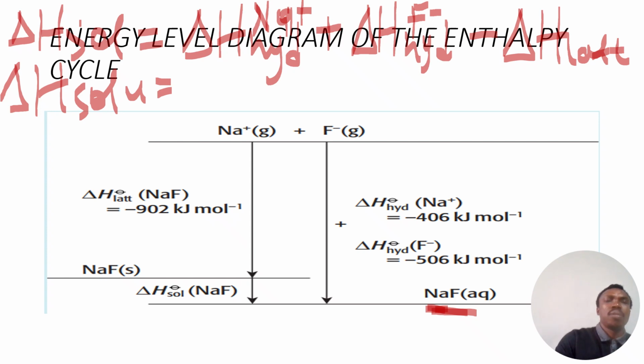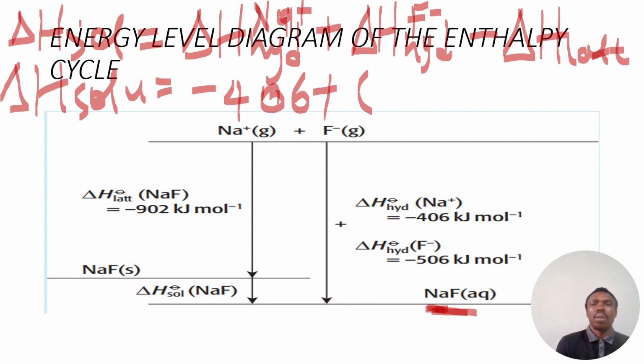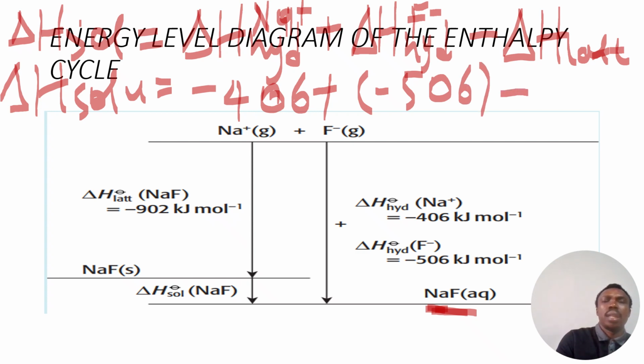So it will be equal to the enthalpy change of hydration of sodium ion, which is minus 406, plus bracket, hydration of fluoride ion, which is minus 506. Then lattice energy is minus bracket 902.